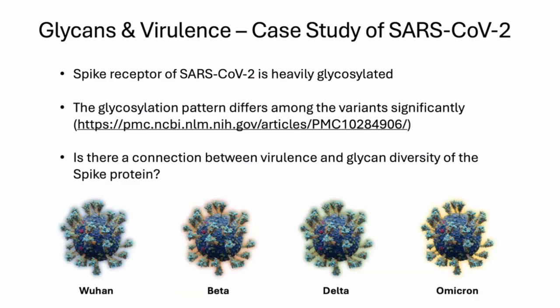So we wanted to research whether there is any difference in PC and DC index in different strains of SARS-CoV-2 virus, because it's well known that the coronaviruses have heavily glycosylated spike protein, the spike receptor, and what is more, have a different level of their receptor binding protein, and there we wanted to explore if there are any correlations with glycan diversity distribution across the protein, and could we calculate based on the DC or PC matrices, can we group the strains together and see if there is any correlation or anything significant when we consider the PC and DC indices.